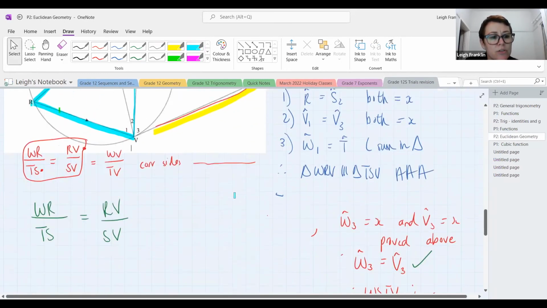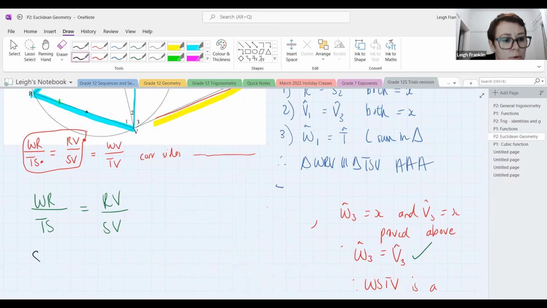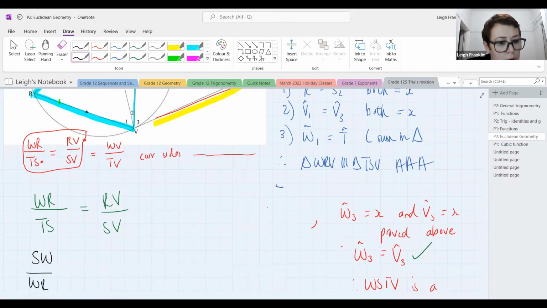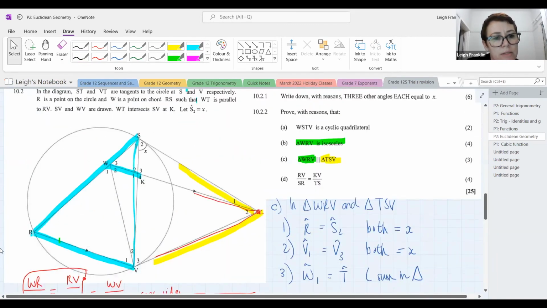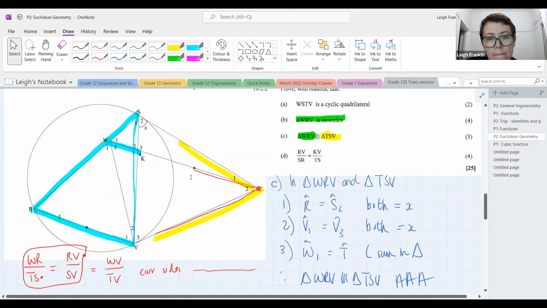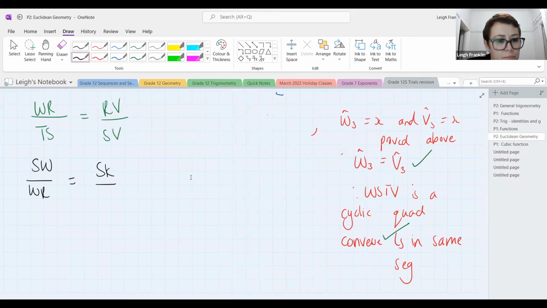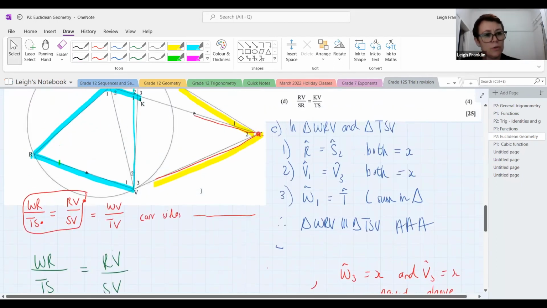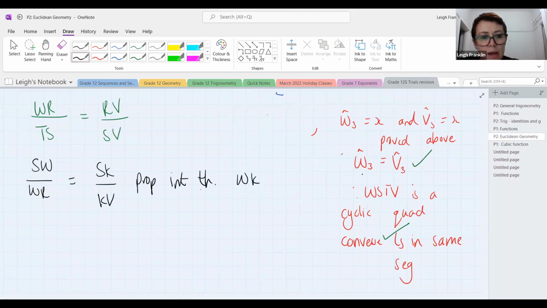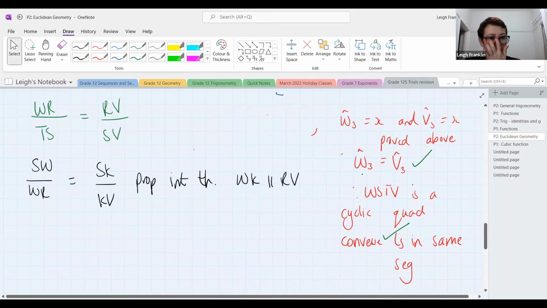So SW over WR is equal to SK over KV, because of the proportionality intercept theorem, and that is because WK is parallel to RV.